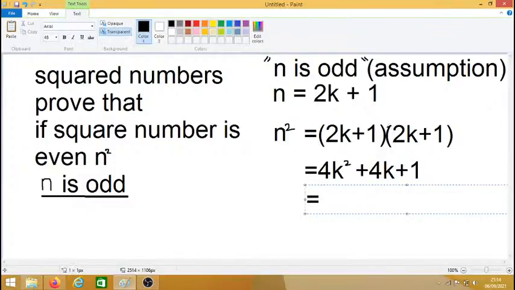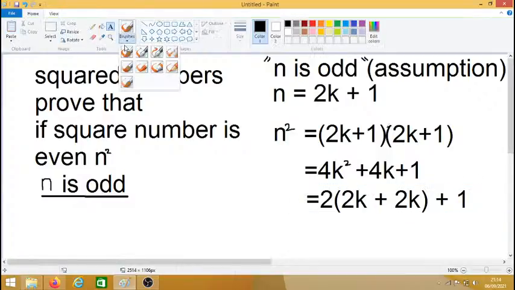And then the 4k squared and the 4k, I could bring 4 out to the front, but easier than that, I'm just going to bring 2 out to the front. So I've got 2k squared plus 2k plus the 1.